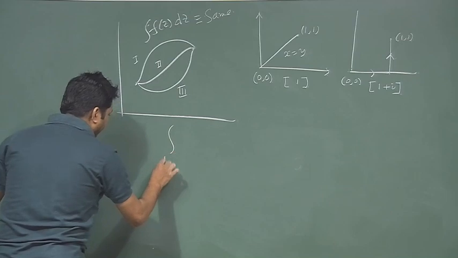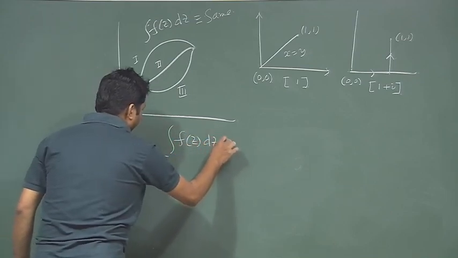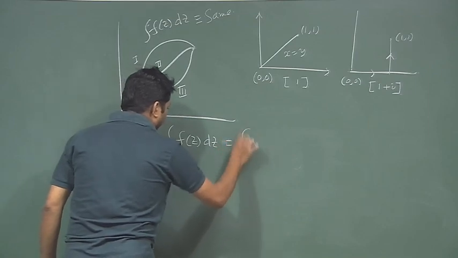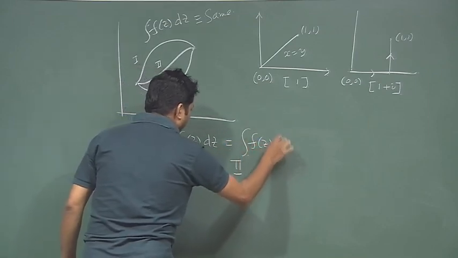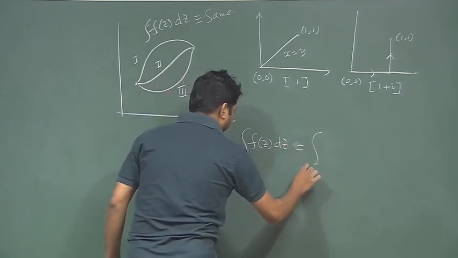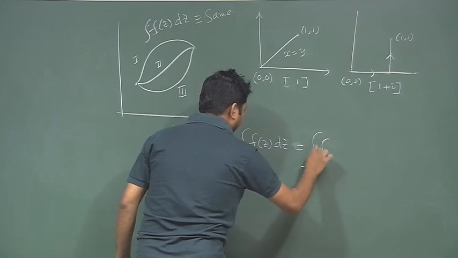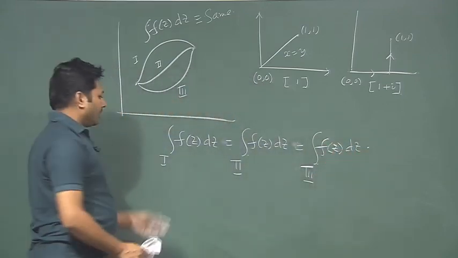So, if it is path 1, path 2, or path 3, then the integration of f(z) dz is the same for all the cases.